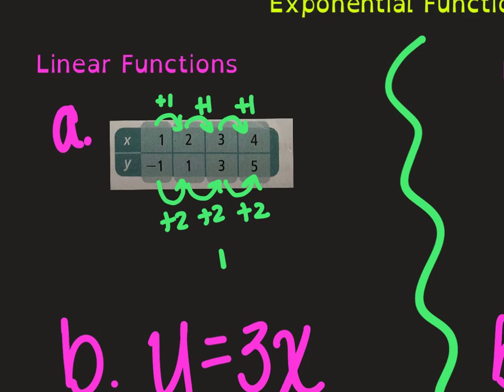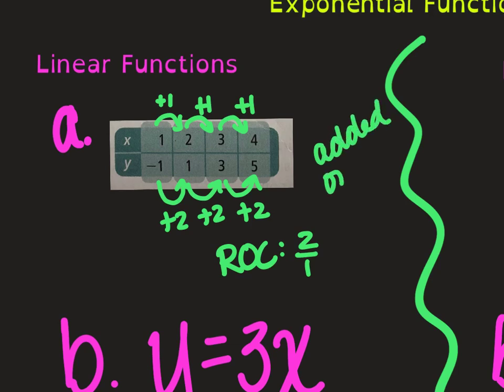So here my rate of change is going to be 2 over 1. Now notice with linear functions, the rate of change is going to be either added or it could be negative, right? So here we're going up 2 over 1 every time. We also could go down, right? So added or subtracted.